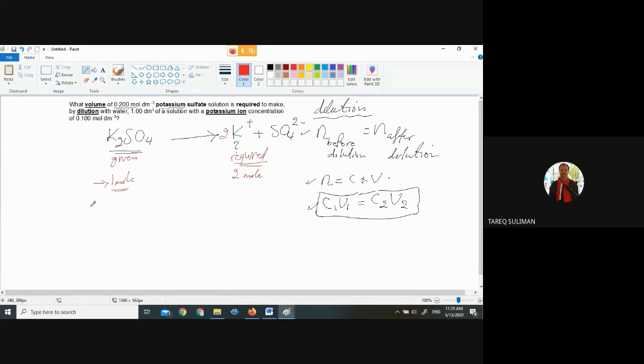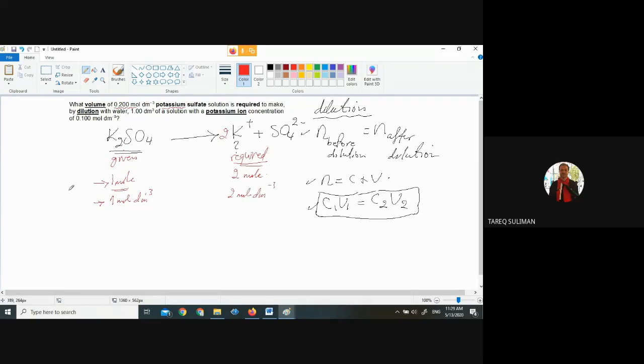In similar questions, always, because both are in the same volume, use the concentration relation. Then we can write 1 mole per decimeter cube of K2SO4 gives 2 mole per decimeter cube of K plus.